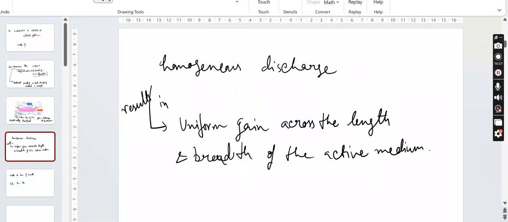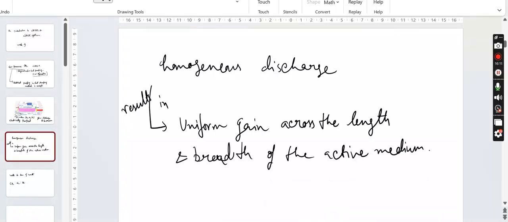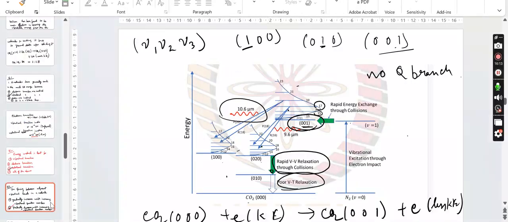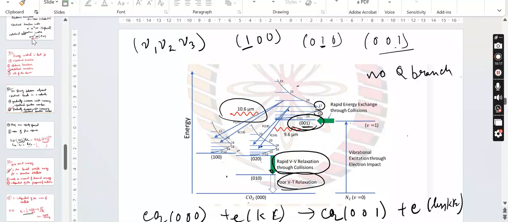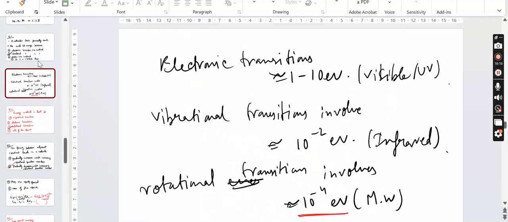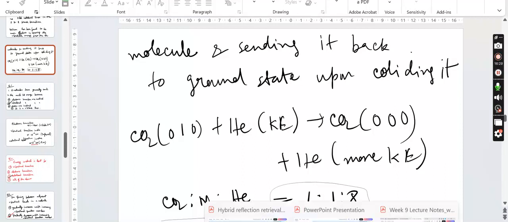We know this mixture proportion is basically 1:1:8, so the helium needs to be 8 times the nitrogen.